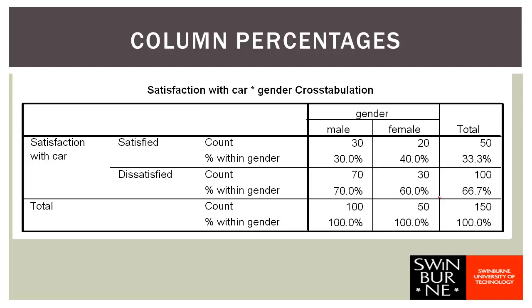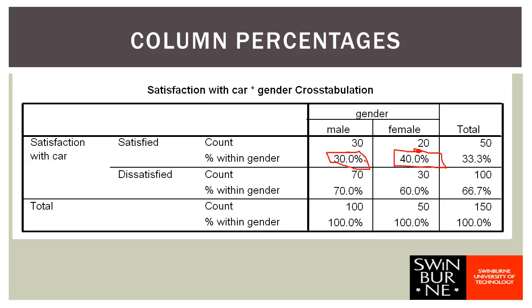And so our whole idea with the chi-squared test is to be able to determine whether there is a significant difference between whatever particular percentages we're interested in. So if we wanted to know whether there was a relationship between satisfaction and gender, so did your satisfaction vary depending on what gender you were, then we're going to use a chi-squared to determine whether there's a statistically significant difference between these figures.